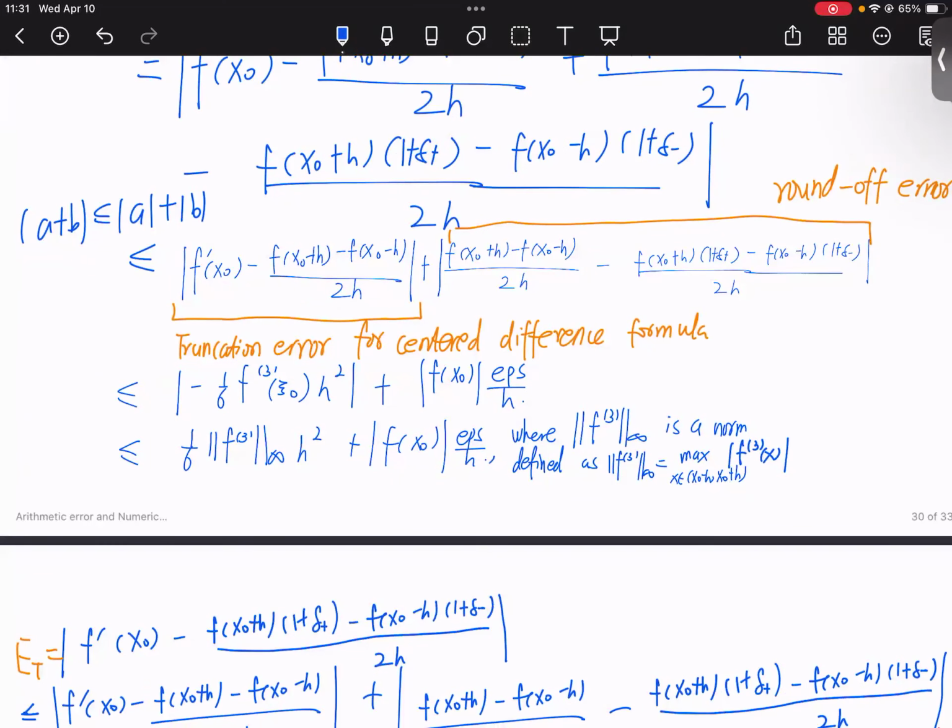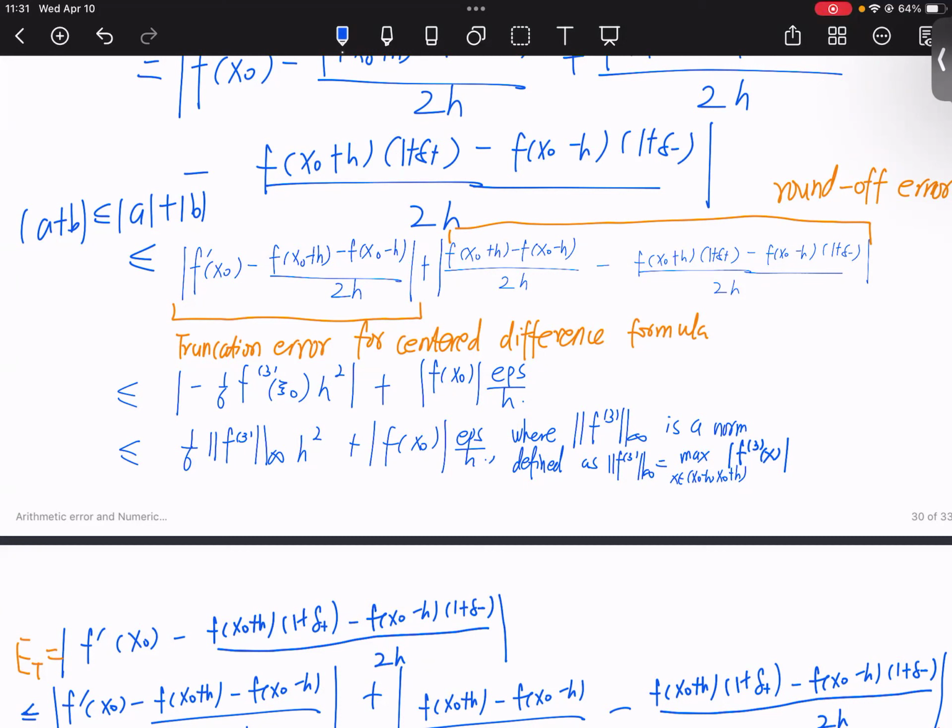So hence, here we have the third derivative, and then taking the infinity norm, which means that we are going to take the maximum of the third derivative on the interval x0 minus h and x0 plus h. Why do we have such an interval? Because the c here should be inside this interval, and I'm going to use the maximum number on this interval to bound the number here.